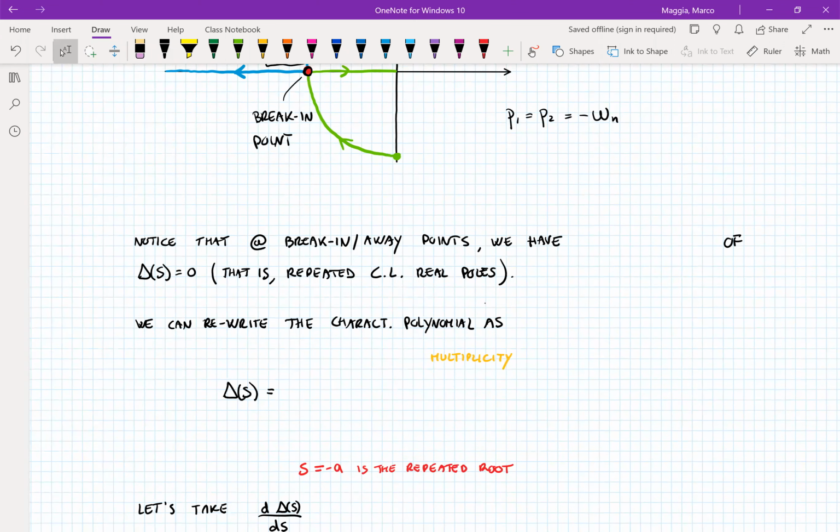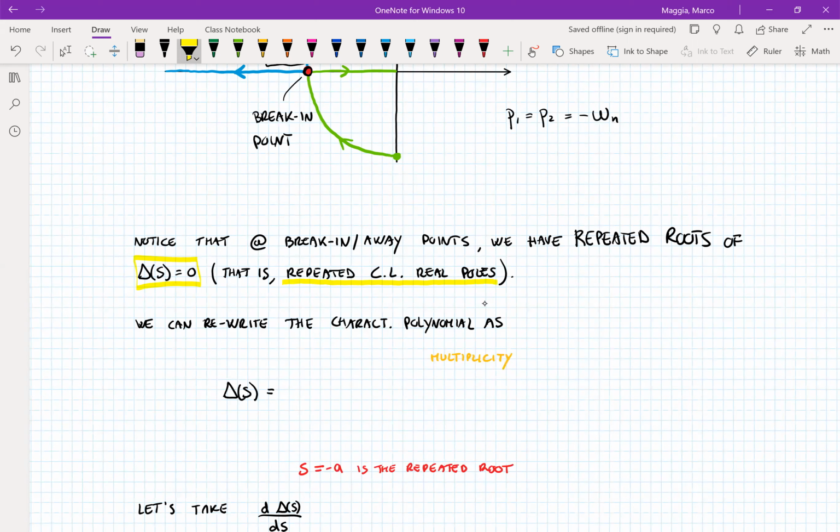So as I'm going to write here, at the break-in or breakaway points, we have repeated roots of the characteristic equation delta(s) equals 0. Or in other words, you can think about it as repeated closed loop poles.